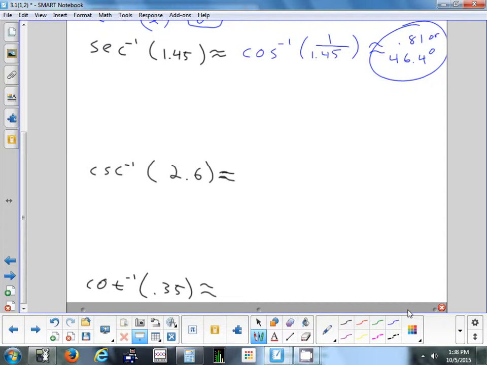Inverse sine. Now you can't just use inverse sine. You've got to use that and do one other thing. You have to flip what's in the parentheses, so it'll be 1/2.6. That's how you have to type this in. Unless you've got some other fancy calculator that we don't, there's no way to type this in directly.